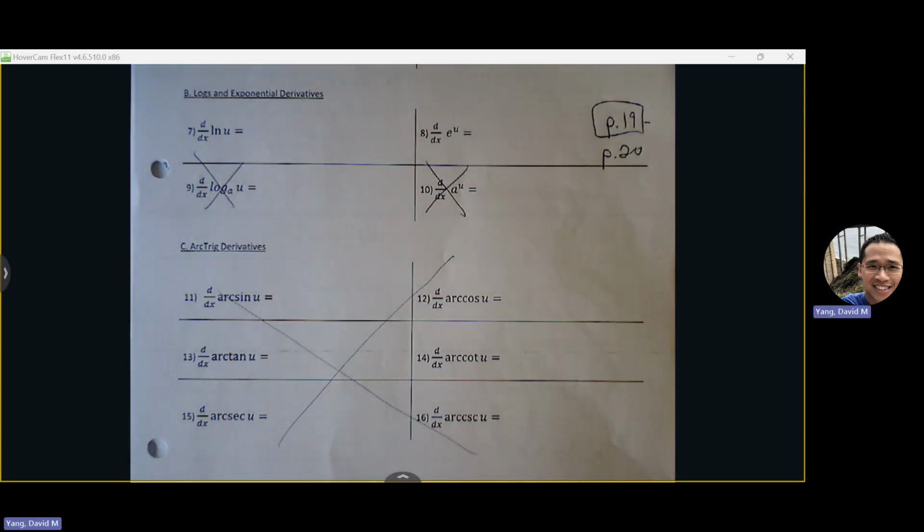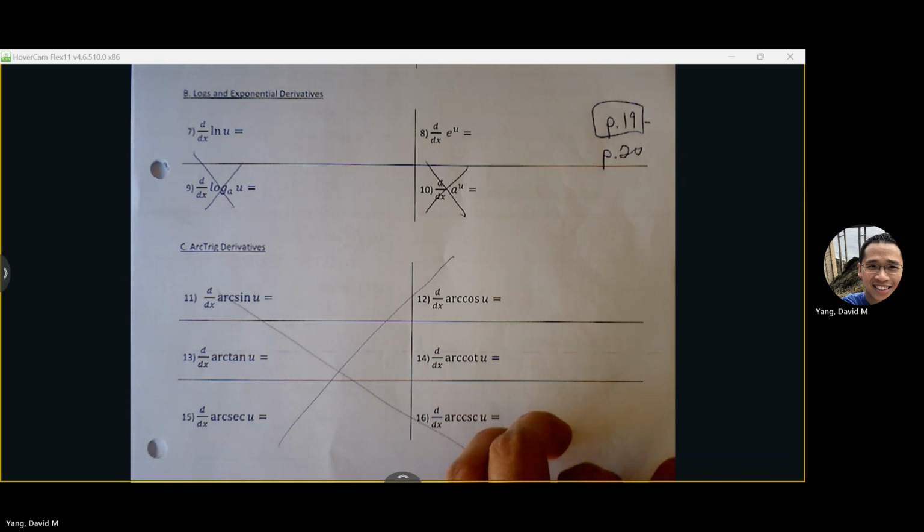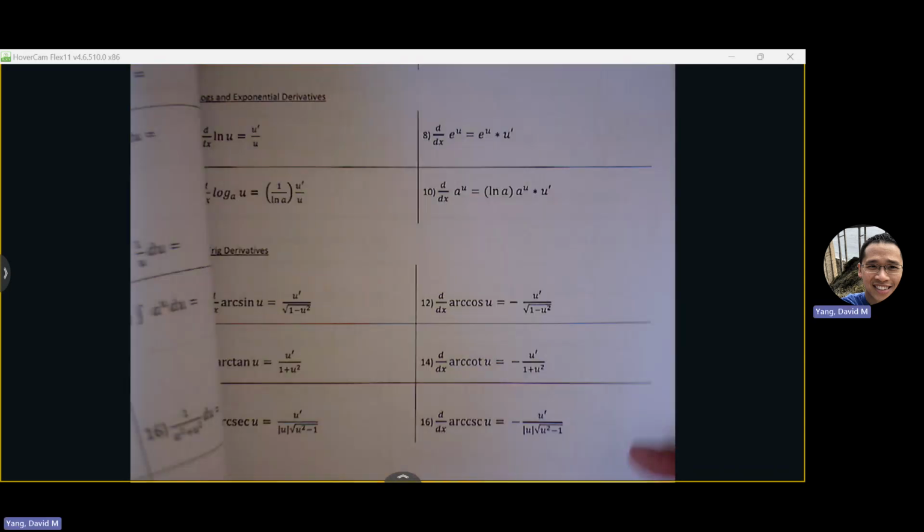And then page 20, we need to know all the integral rules. Everybody good? Okay. And then page 21 and 22 have all the formulas.